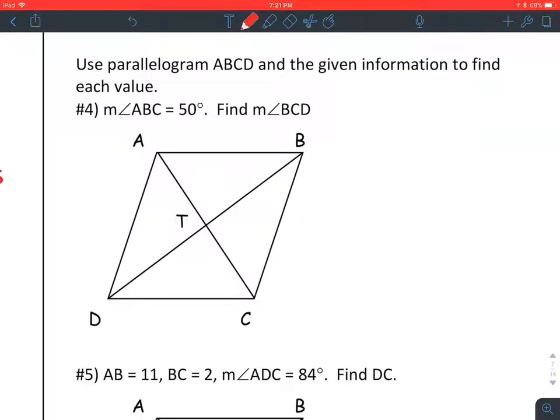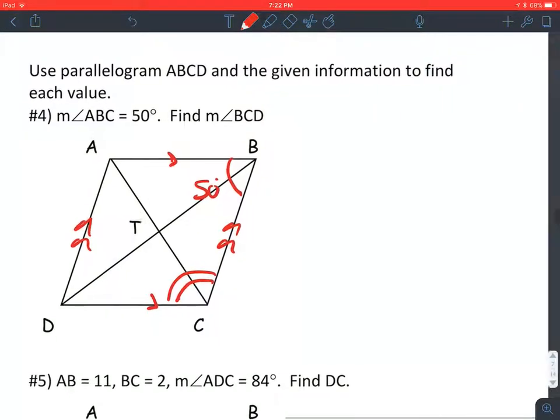For 4 and 5, use the parallelogram and the given information to find each value. So we know it's a parallelogram, opposite sides are parallel, and there's lots of other facts we could add to this. Measure of angle ABC is 50 degrees. Find the measure of angle BCD. This goes back to the previous section.